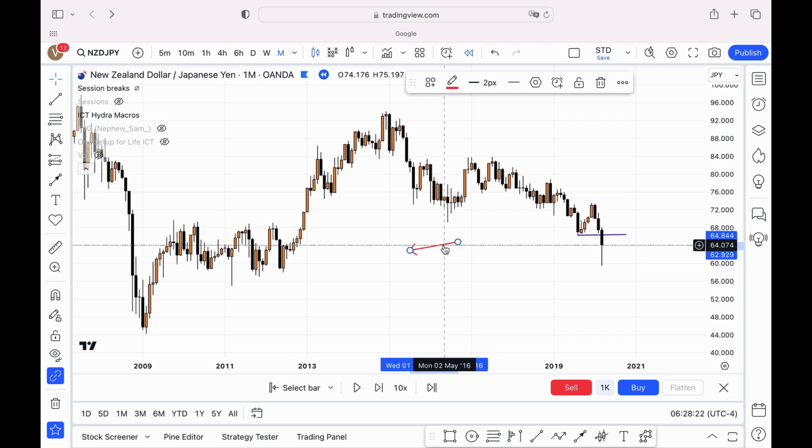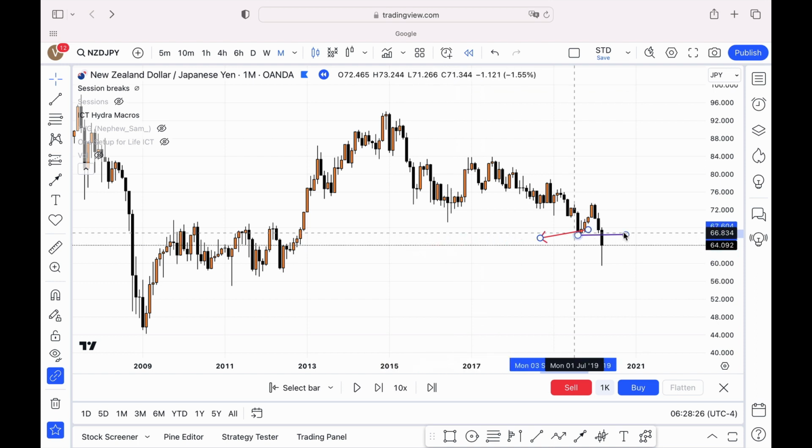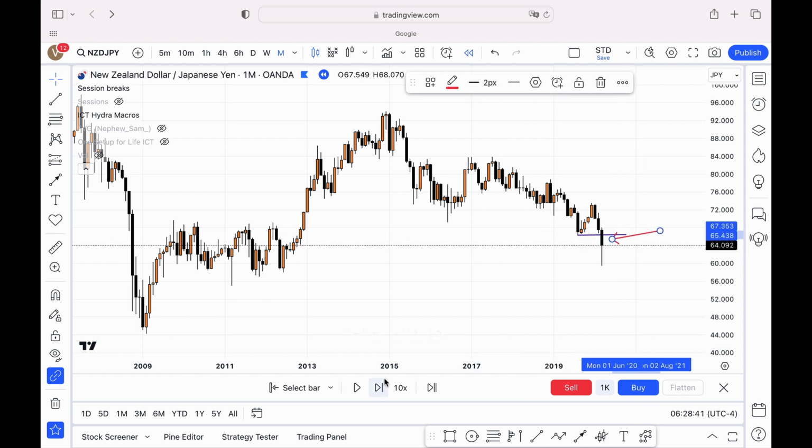What is the draw on price? Where is it likely to get to? We know at this point it's taking out that low, so we can assume potentially that there might be orders in this level, but we don't know. So we wait for a reaction. Let's see what happens.